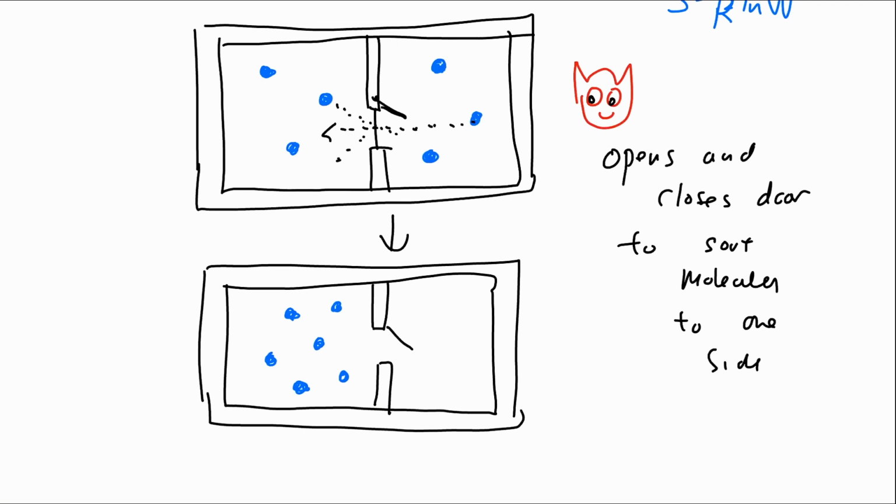So you can take heat and turn it into work, but just that one step. To make it a cycle, like the Carnot cycle, there's more to it than that. You need to go back and recompress the gas.